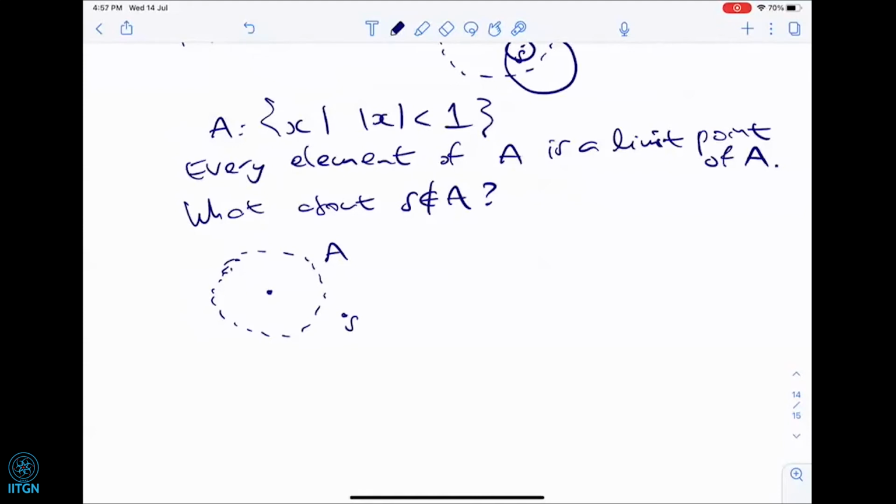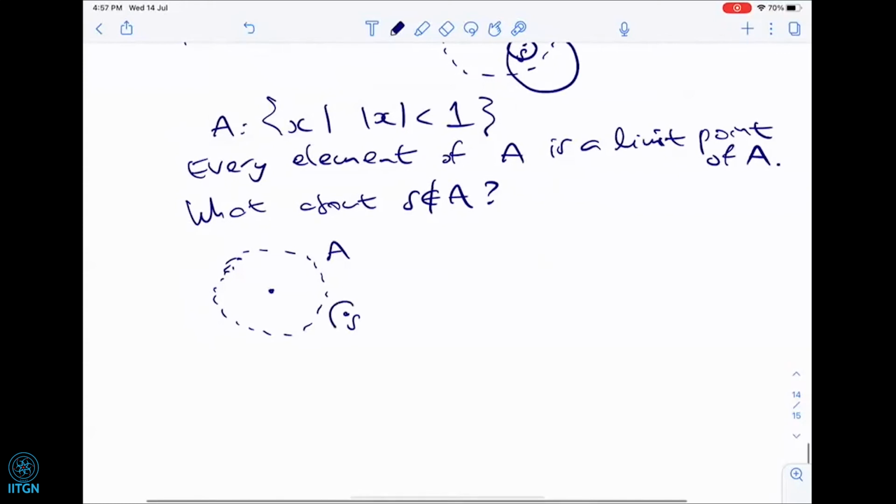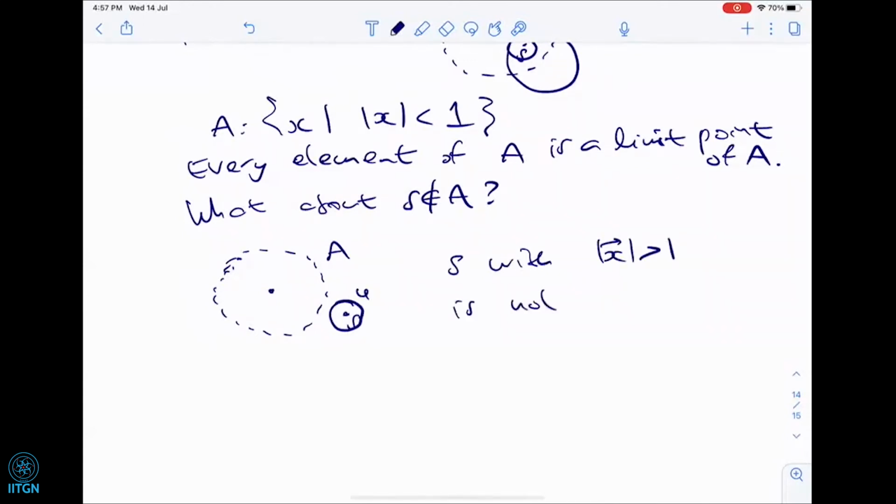Is this a limit point of A? For it to be a limit point, every open set which contains S should have an overlap with A. But clearly from my drawing, I can find an open set U which contains S, and when I remove S, the rest of it doesn't have any intersection with A. So in this case, S with mod x greater than 1 is not a limit point of A.